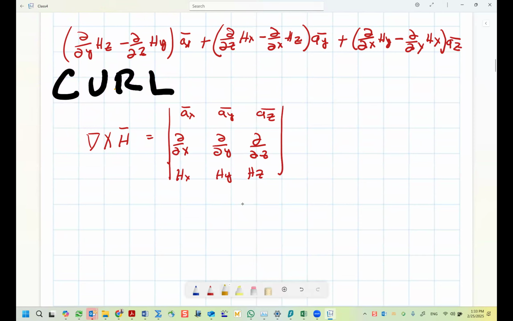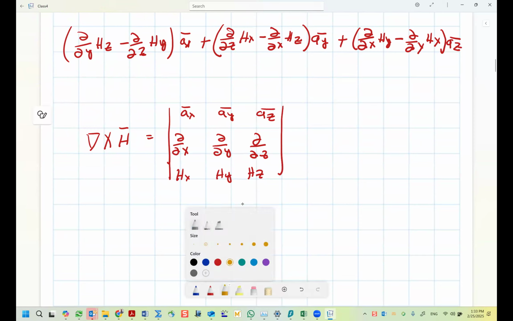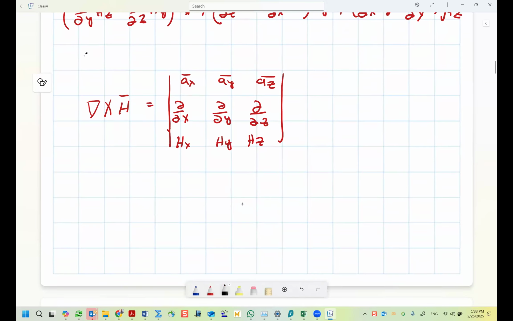I put it in, it's too black. It should be black, but not that big. So this is the curl. And what it measures is how many vortices you have.